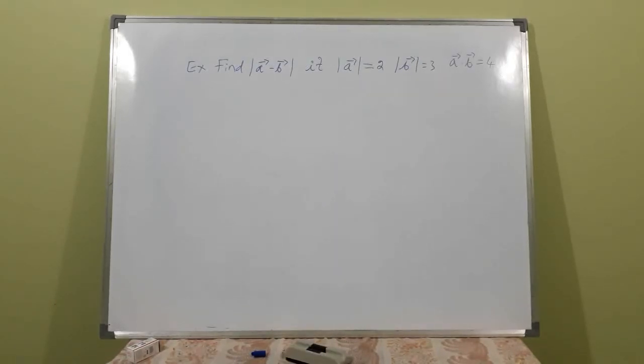Find modulus of A minus B, if magnitude of A is 2, magnitude of B is 3, and A dot B is 4.